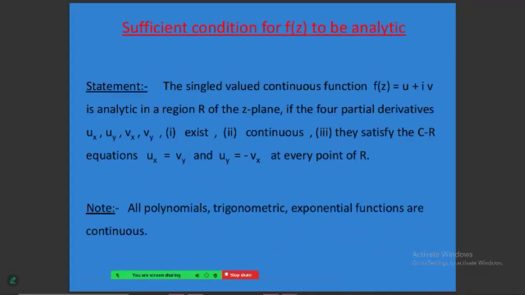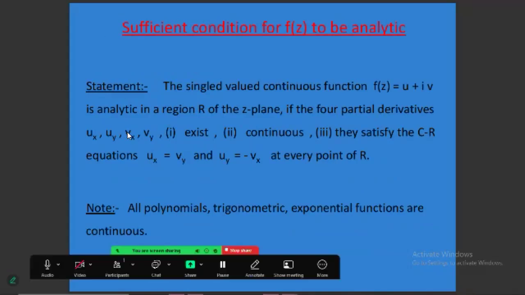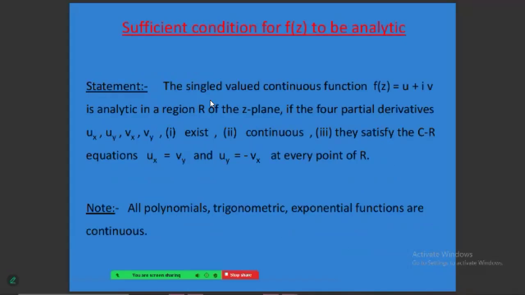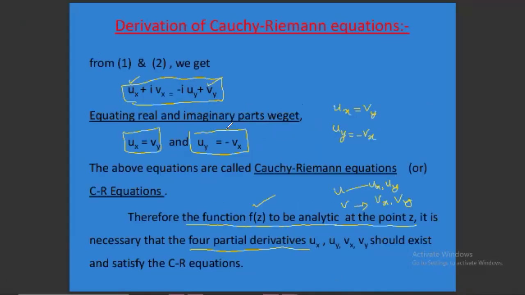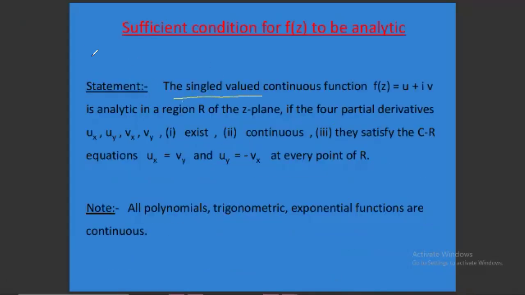The statement for the sufficient condition: if f of z is a single valued function, and this function is continuous, then f of z equals u plus iv is analytic in the z plane if it has 4 partial derivatives, all the partial derivatives exist, the function is continuous, and it satisfies the Cauchy-Riemann equations.